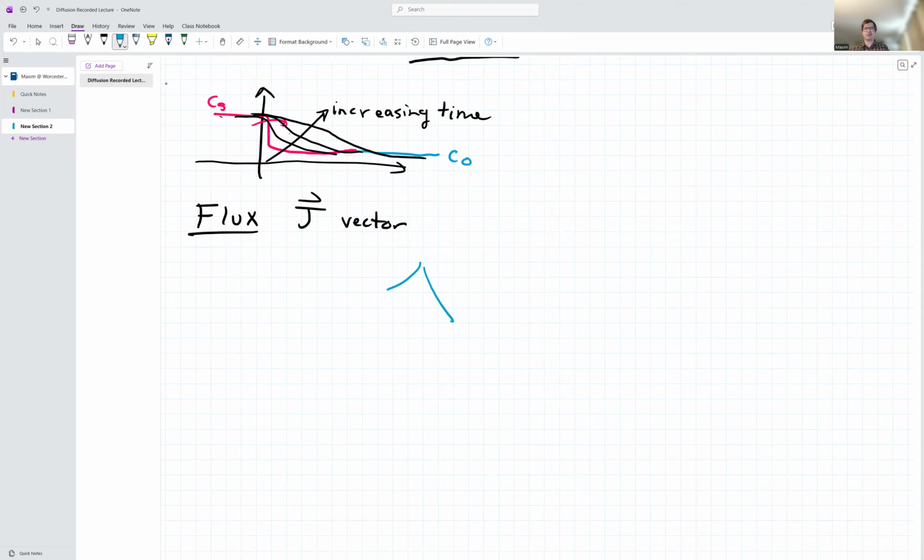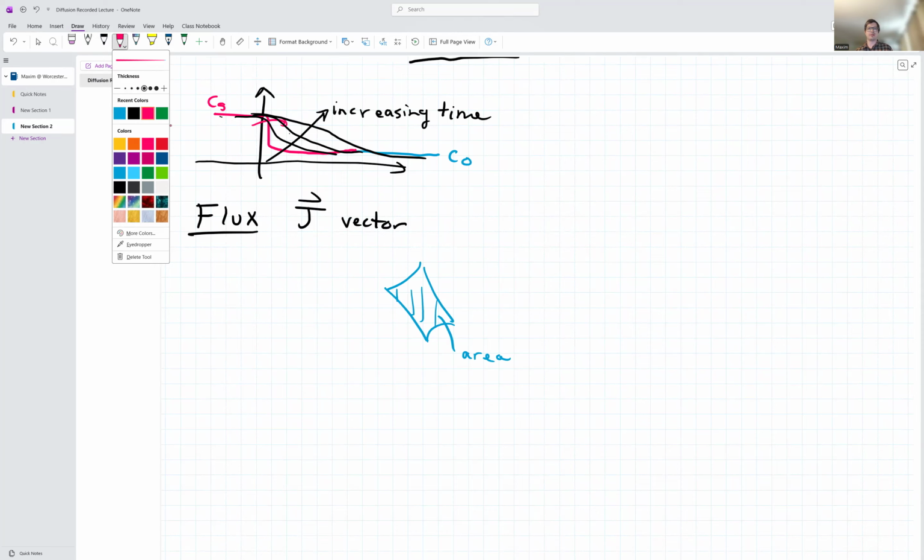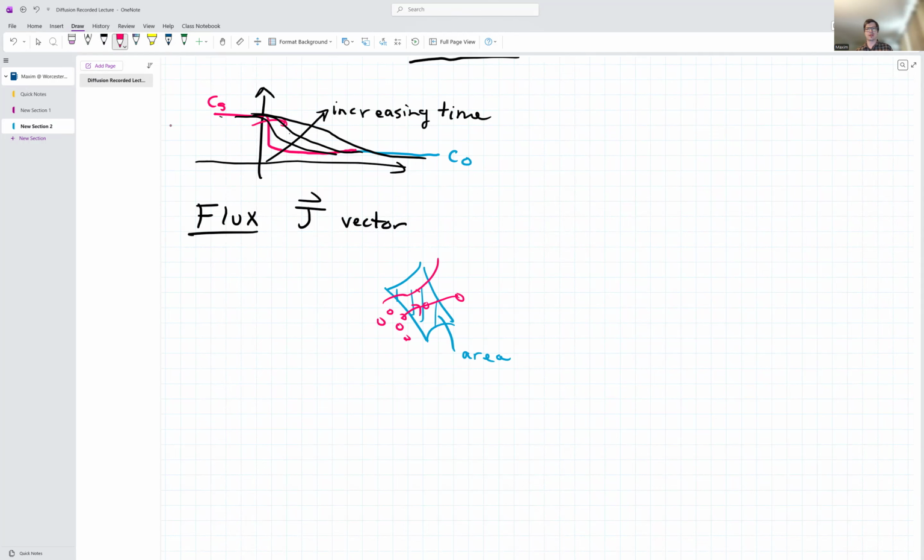So say you have some area in space, and you're observing particles moving through that area. So you have a bunch of particles and you watch them go through this area, pierce the area. You watch them move through. The flux describes the amount of particles going through as a function of time.